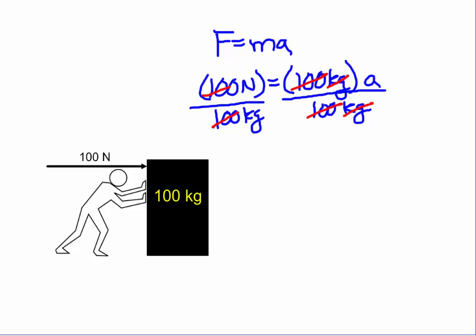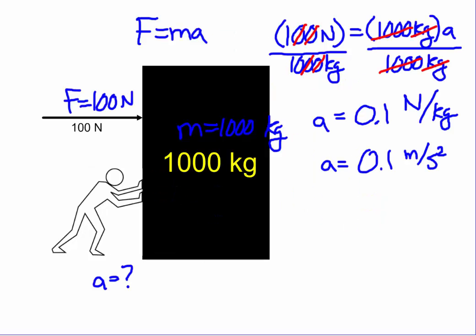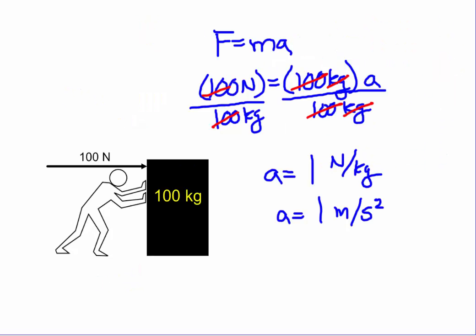And so we're left behind with acceleration equals, in this case, 1, because everything's canceled out, newtons per kilogram, or acceleration equals 1 meter per second squared. And does this make sense to what we know in real life? Is it easier to make a small, lighter block, a block with less mass, speed up than it was a big block? That's absolutely true. It's hard to push something heavy. It's easier to push something light.